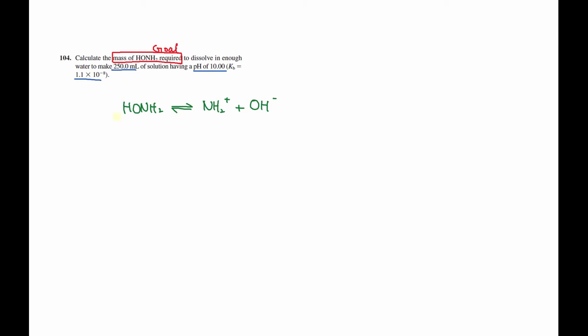Now I'm going to identify the ICE chart, because ultimately when we are given the pH, we have to use the equilibrium concentration of the hydroxide ion, and from that we can find the change happening. And finally we have to find the concentration of the weak base at equilibrium, and from that we can find the mass.